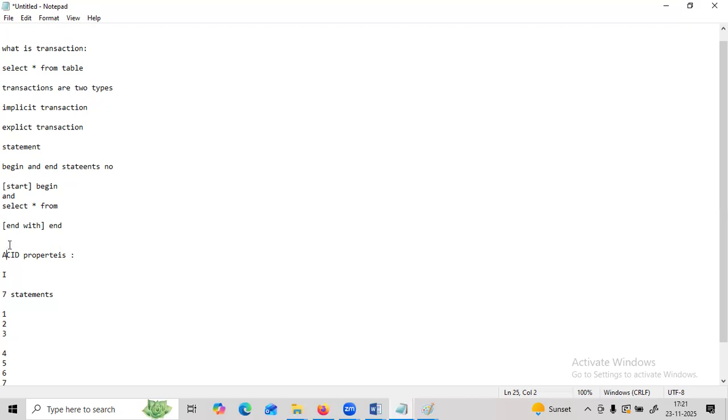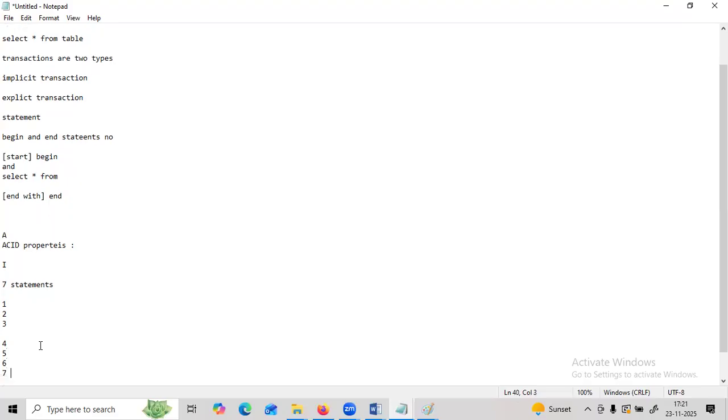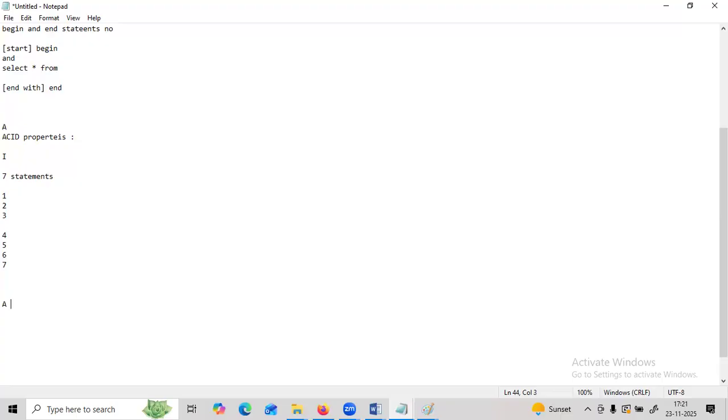Let me go for one example: a bank account. I have bank account A and bank account B. In account A, I have 800 rupees. In account B, I have 700 rupees.